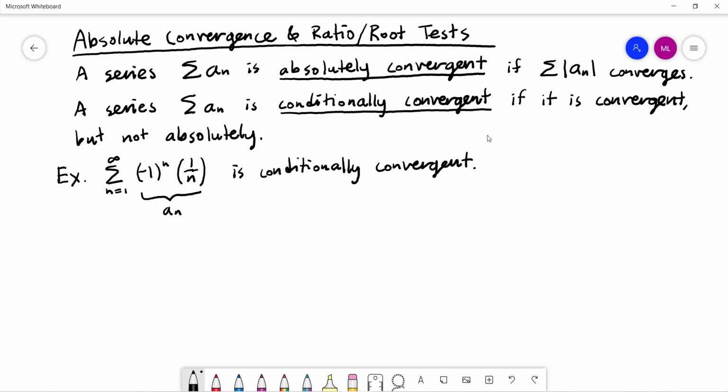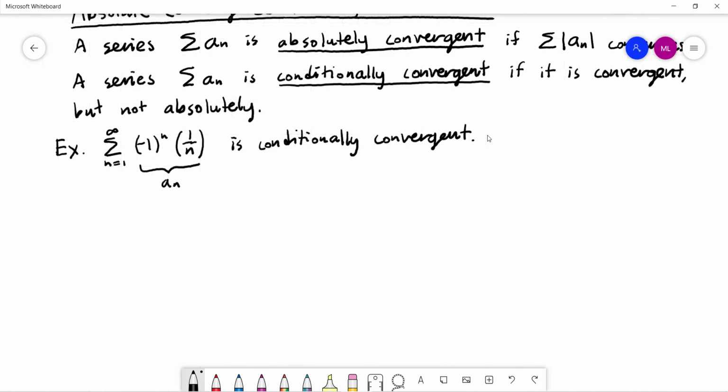It converges due to the alternating series test, because the two conditions are met.